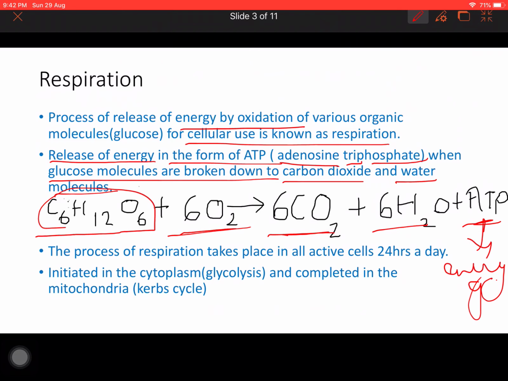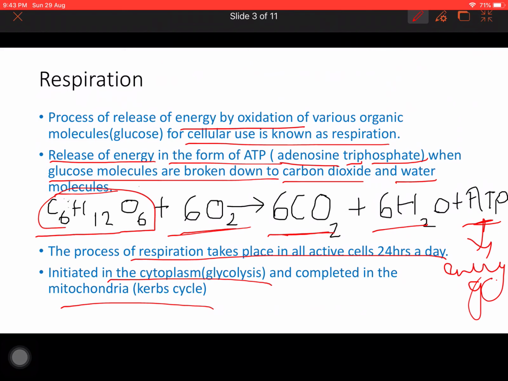The process of respiration takes place in humans as well as in animals and in plants. It takes place throughout the day, 24 hours a day, whereas photosynthesis does not, because it can take place only in the presence of sunlight. Now, this respiration is initiated in the cytoplasm and is completed in the mitochondria.